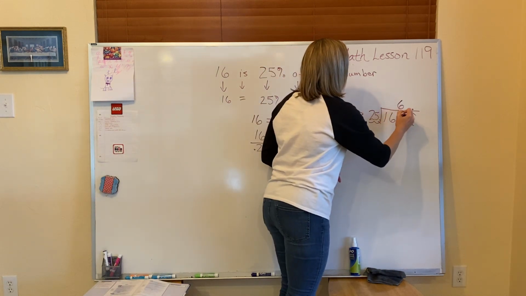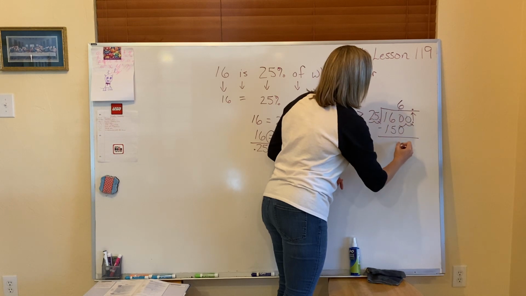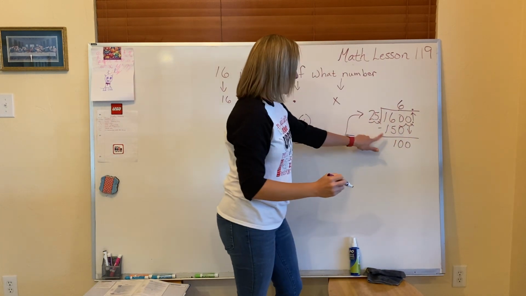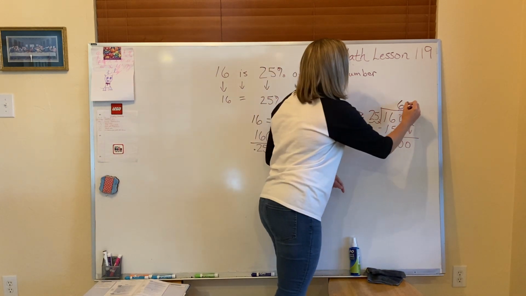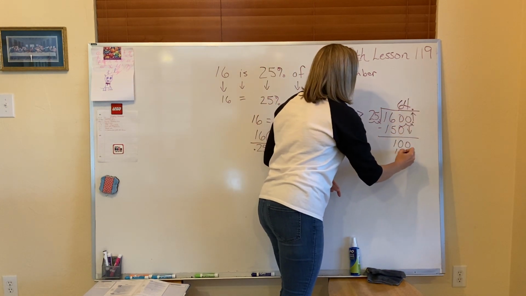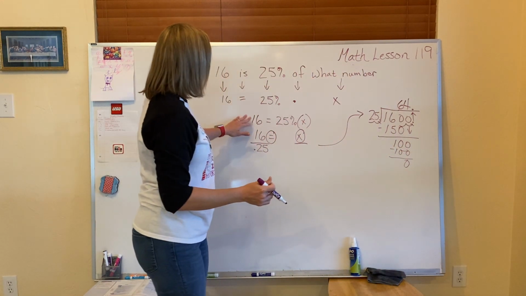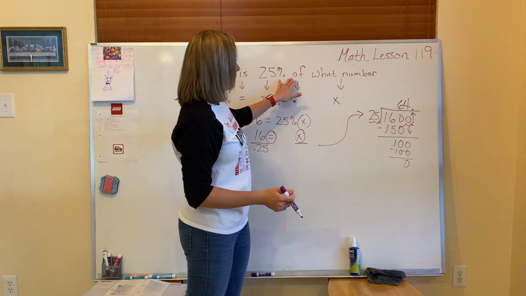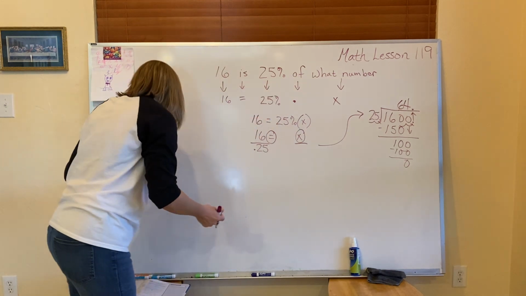That would give us 150. We end up with 10. We'll bring our 0 down. 25 goes into 100 4 times. We have nothing left, so our answer is 64. So we can say 16 is 25% of what number? 64. We solved for it.